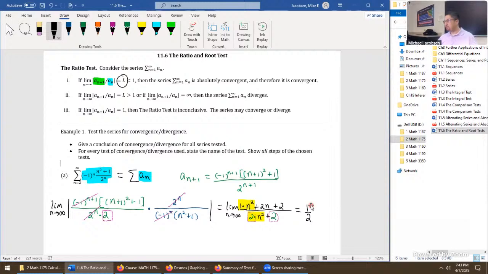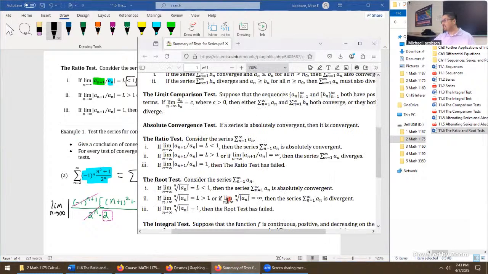Okay, so now once we get the limit down, we just cite the ratio test again. We're in this situation. The limit is strictly less than 1. Let's just say it here. That gives us the conclusion, absolutely convergent. If you just say this is absolutely convergent, that's totally fine with me.